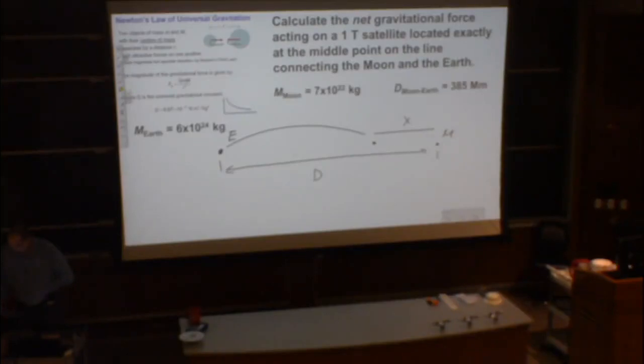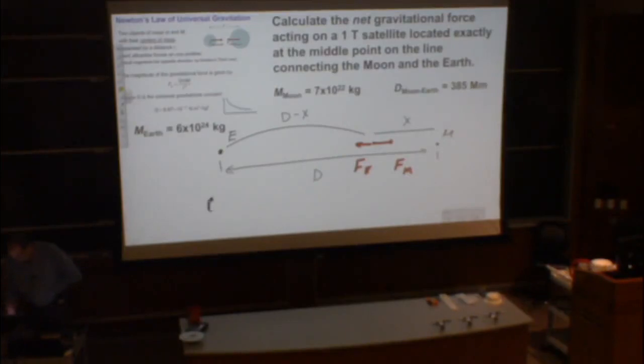If the distance between, let's say, the Moon and the satellite is x meters, the distance between the Earth and the satellite will be equal to what? D minus x. And the forces at this location must have exactly the same magnitude. So how do we write it?